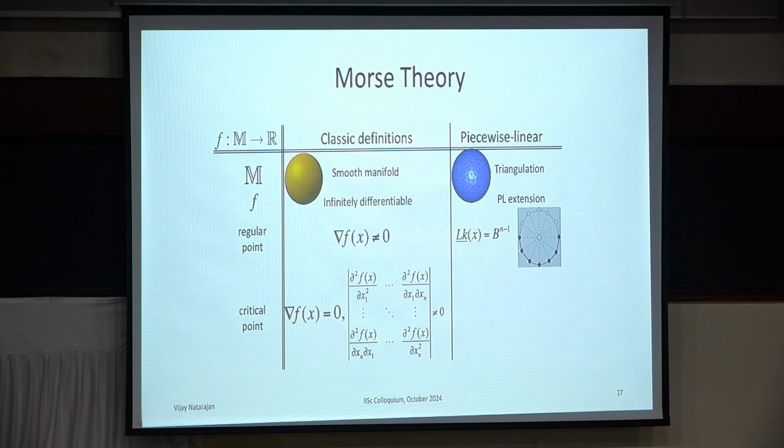And this is really it. So a regular point, without looking at the gradient, you look at the behavior of the function in the neighborhood, which is represented by this term link, LK. The link of a vertex is the collection of vertices that are adjacent to it together with the edges that connect them.